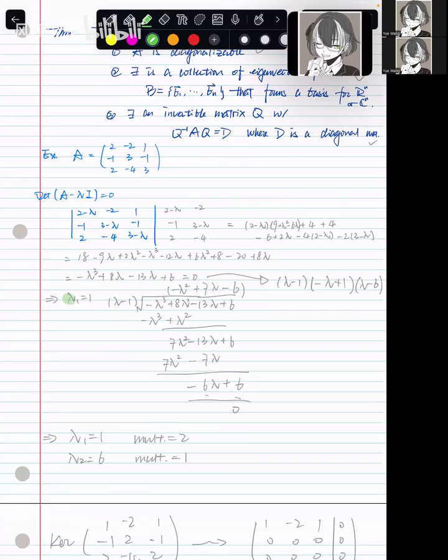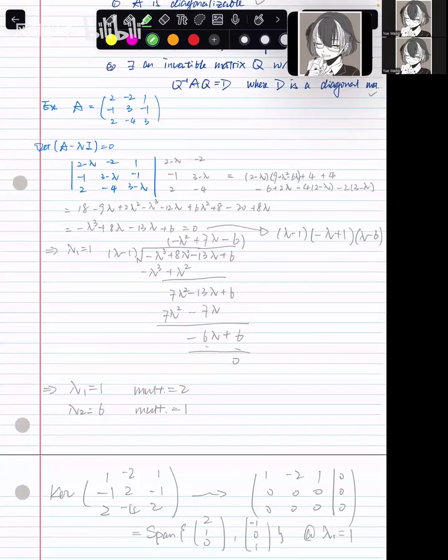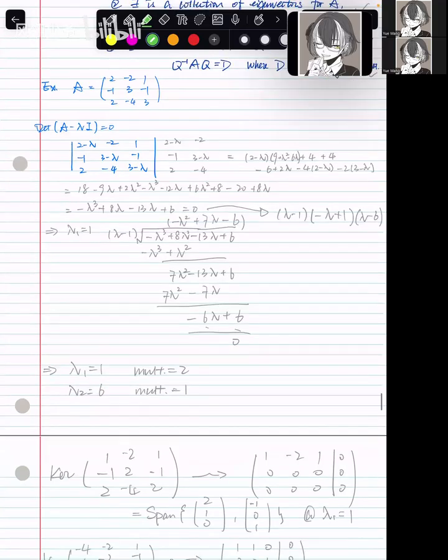So by observation, we know one of the eigenvalues is 1, and then we do a polynomial division to find the other factors to be negative lambda plus 1 times lambda minus 6. So we have 3 eigenvalues, but lambda 1 equals 1 with an algebraic multiplicity of 2, and lambda 2 equals 6 has a multiplicity of 1.